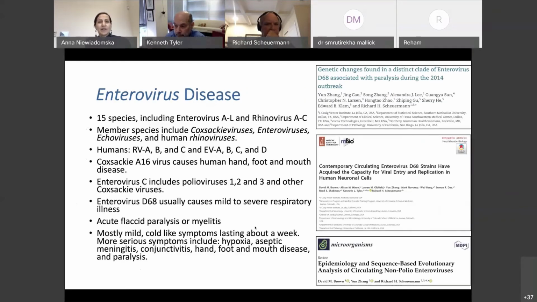So enteroviruses are the most well-known and best characterized genus of, I would say, picornaviruses. It's quite a large group.